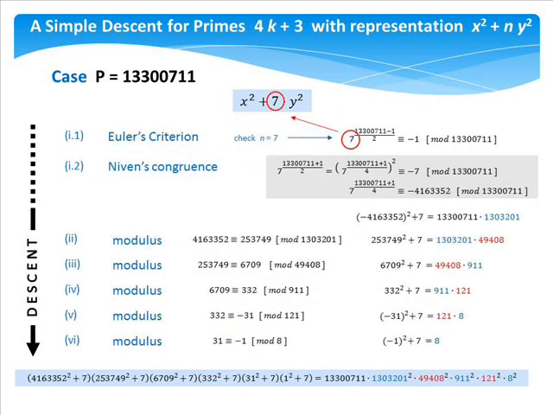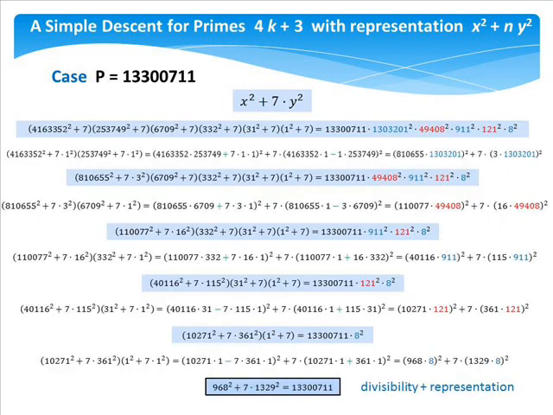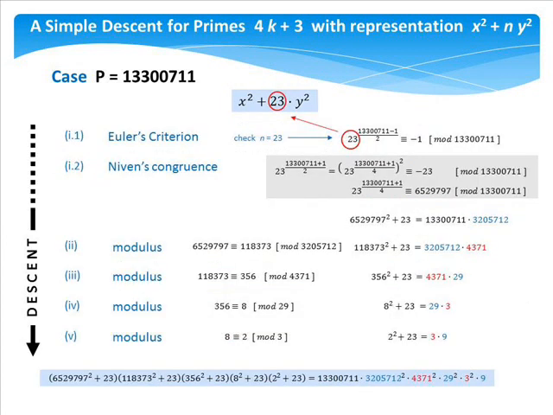Next, let's examine the representation as x squared plus 7 times y squared. We'll briefly review this case, so feel free to pause if you need to verify the process. In the end, for n equals 7, we got both divisibility and representation. Now, we check the case for n equals 23.